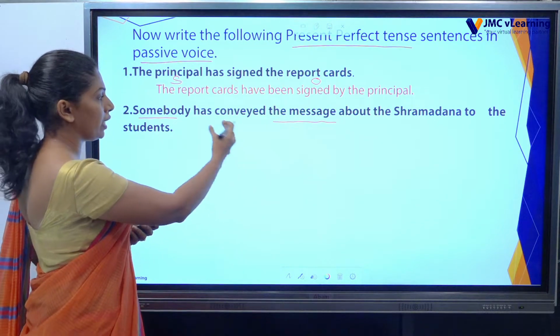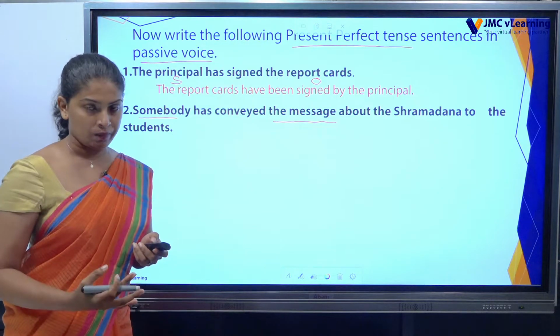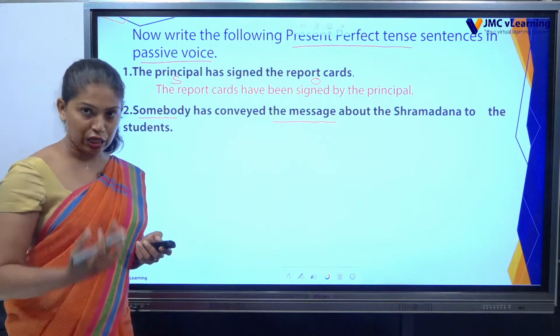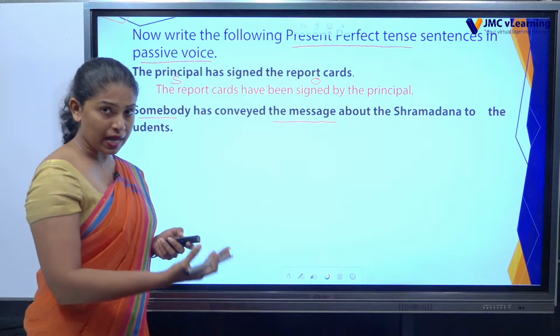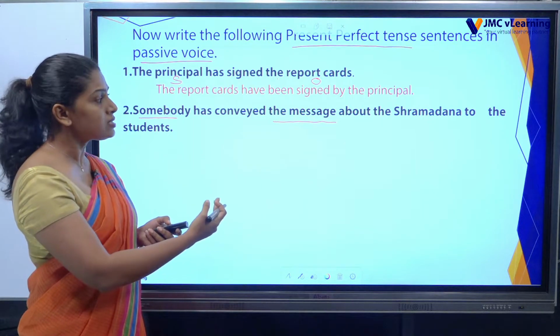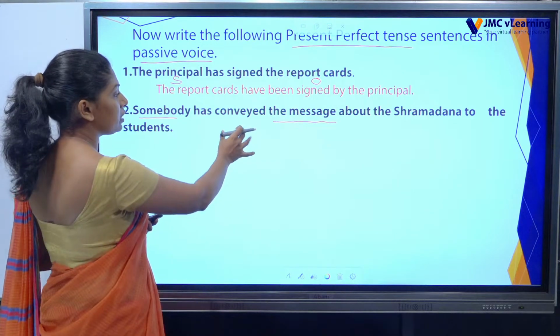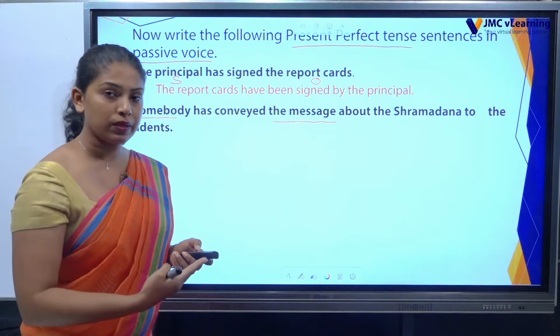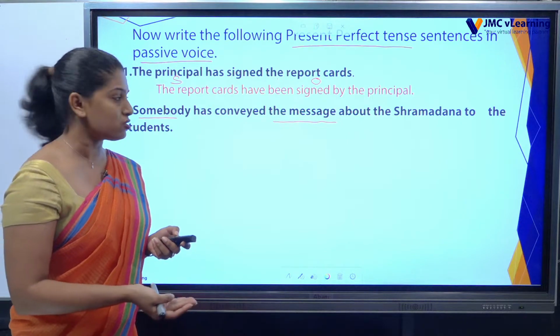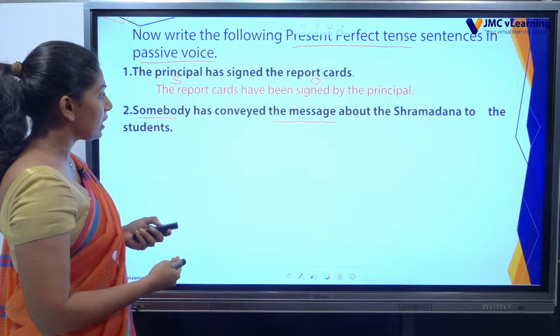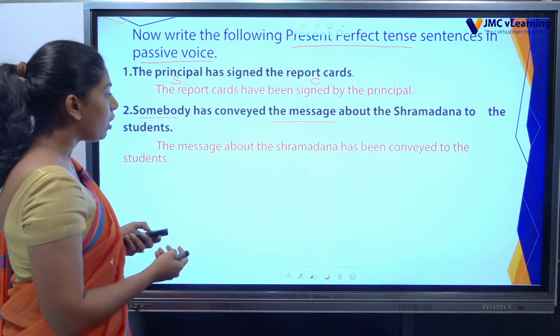So, we have to take the message first. The message is singular. So, we have to take has. The message has, then been, the helping verb. Then the verb conveyed. The past participle of convey is conveyed again. So we can write the message about the Shramadana.